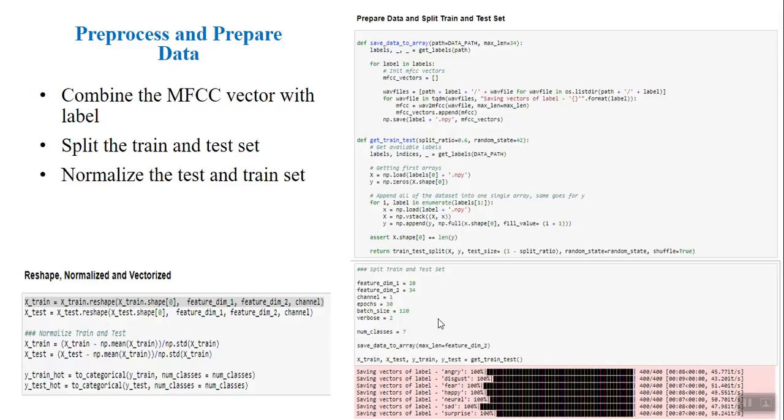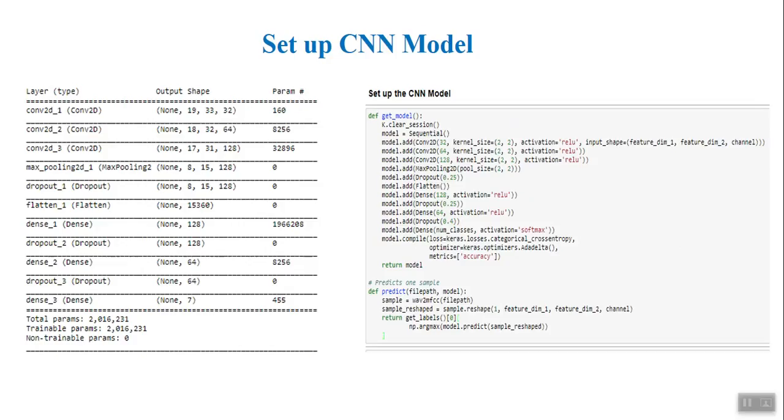Because to do the MFCC, we need to fix our 2D dimensions. The way to fix that is to give the feature dimension a fixed size of 34. I also normalized the training and test sets before I ran the models.